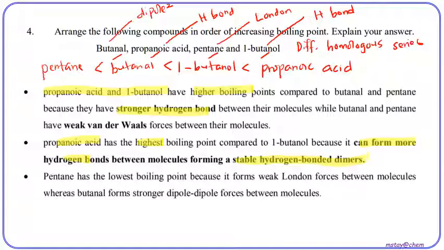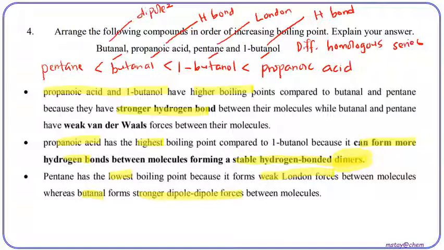Okay, means the keyword here is the dimer. Then after we compare 1-butanol with propanoic acid, we can compare pentane with butanal. So pentane has lowest boiling point because it can form weak London forces, while butanal has stronger dipole-dipole forces.